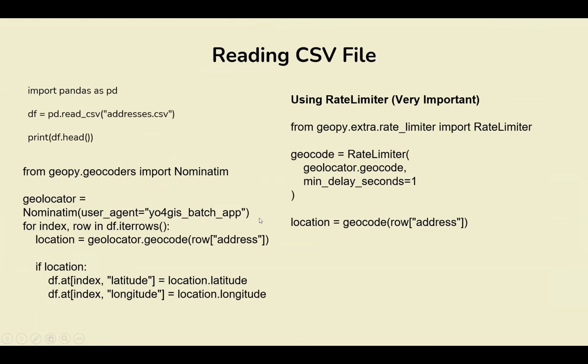Now this is the next very important point, because we are not going to do geocoding one by one. Someone will provide you an Excel sheet. In that Excel sheet, we will have all the addresses, and based on those addresses we want to do the geocoding. We want to find out the XY coordinates.